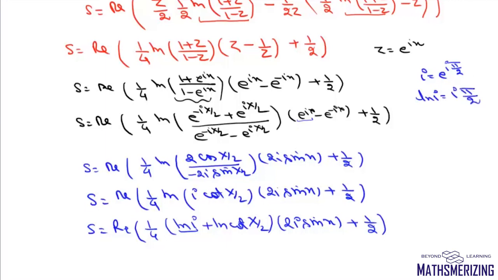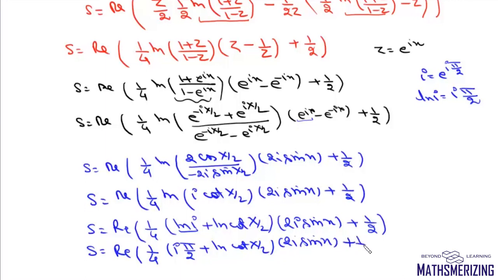So we'll replace it with iota pi by 2. We can write this as real part of 1 by 4 (iota pi by 2 plus log cot x by 2) into 2 iota sin x, and then plus 1 by 2. Now from this expression we need its real part. So we get the real part when this iota pi by 2 gets multiplied with 2 iota sin x, and then we also have this 1 by 2.